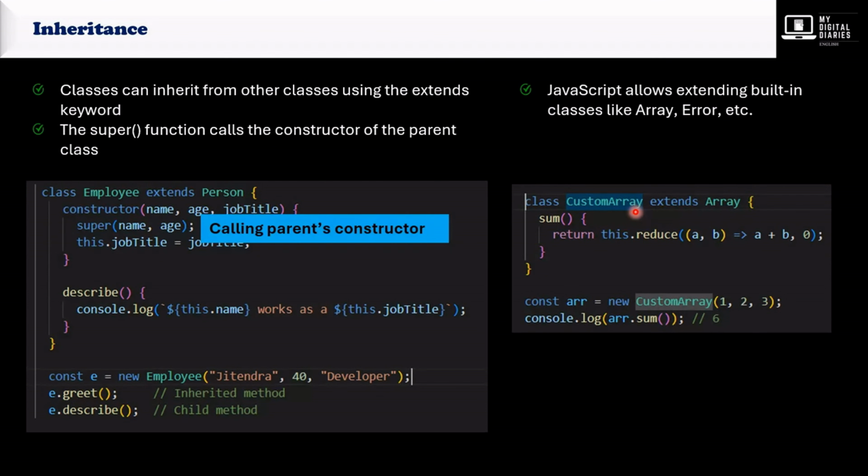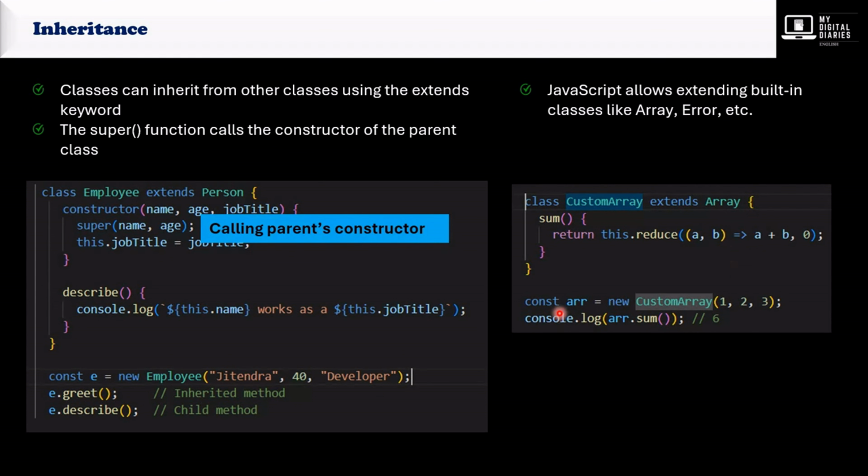So we have a class called CustomArray. Now in this CustomArray, we are adding a new method called sum. What it is doing is basically adding all the values of that array and giving the sum.